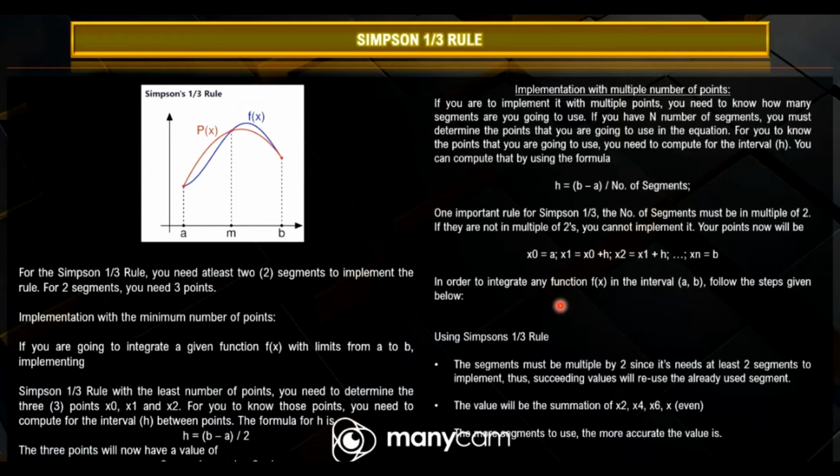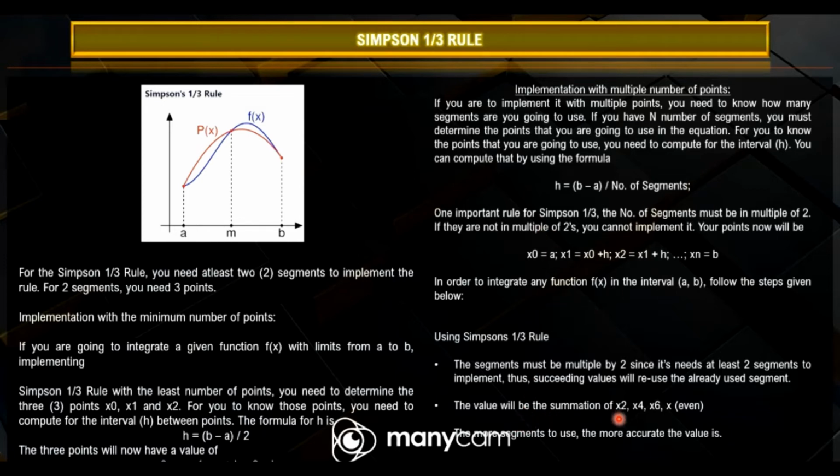If we have the minimum, we cannot choose this. For the following, if there are more than the minimum required points, the values for the odd terms will be cancelled out, or act as zero.